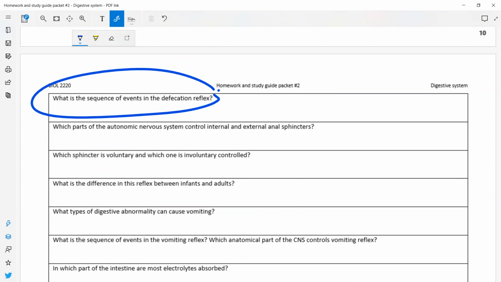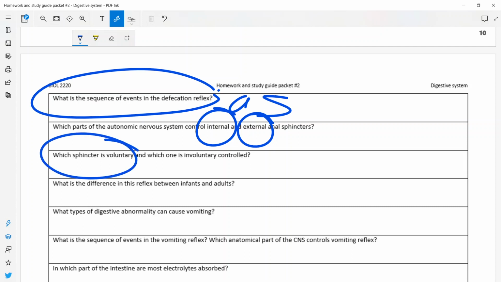So basically, the internal is autonomic, the external sphincter is somatic, under control. So external is voluntary, internal is involuntary. Now, parasympathetic stimulation relaxes sphincters, and sympathetic stimulation contracts. Infants cannot control the external sphincter.